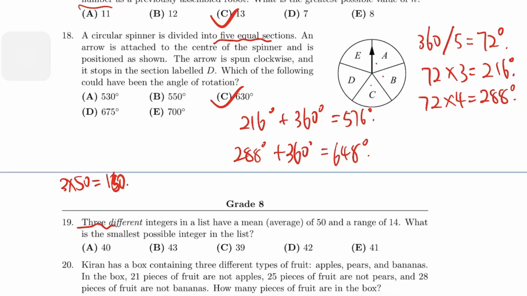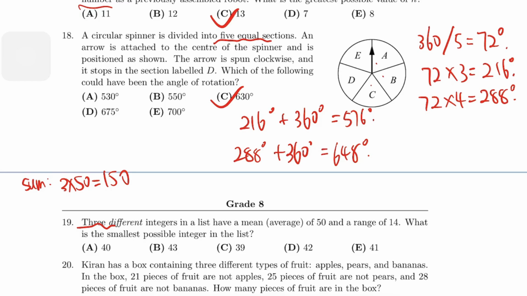We can find the smallest possible integer in the list. We can substitute the answers. So first we find the sum is 150.